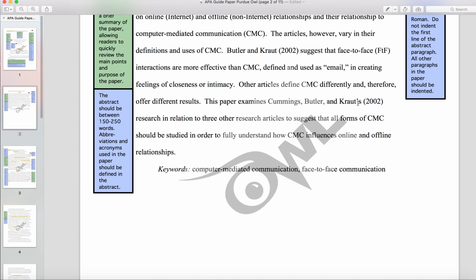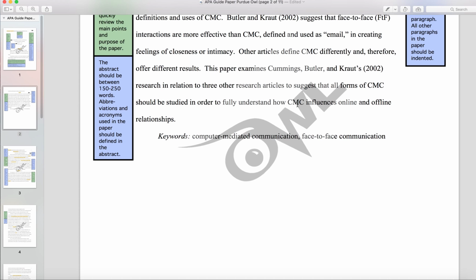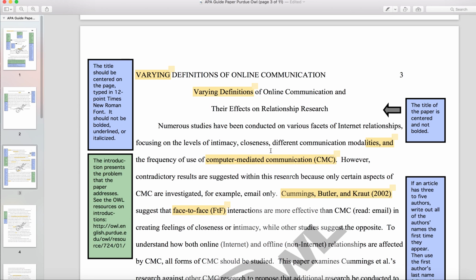Here's another thing: they're using "and" here, but when they use it at the end, it'll have the Shift 7, the ampersand sign. So you can see it's right there again.